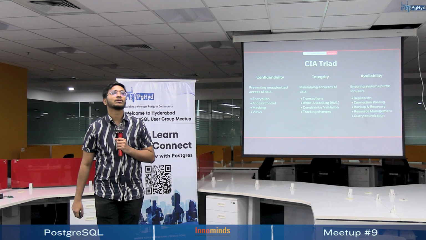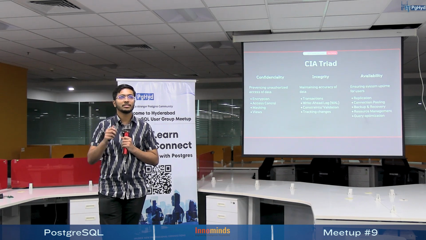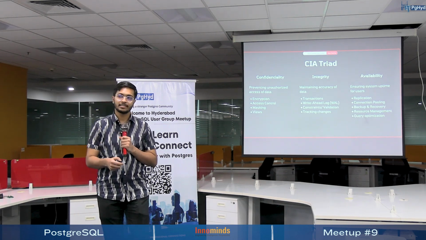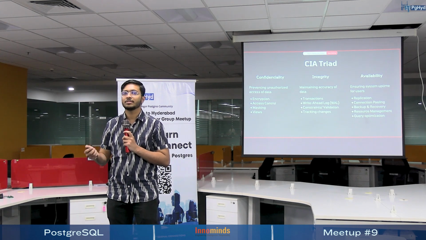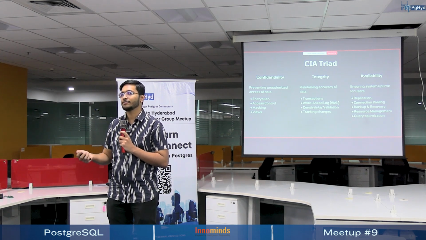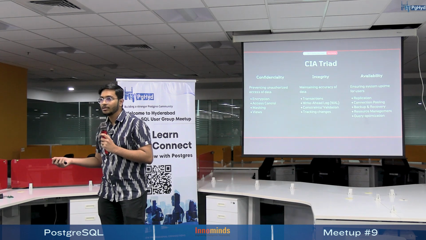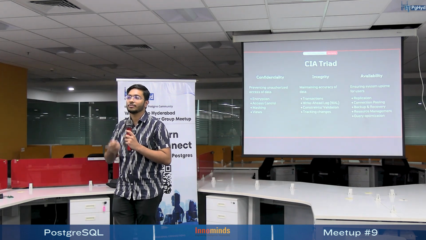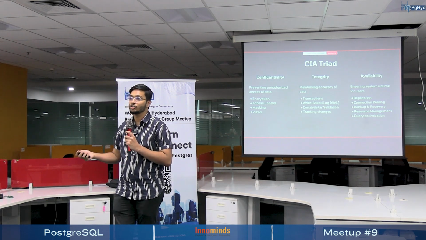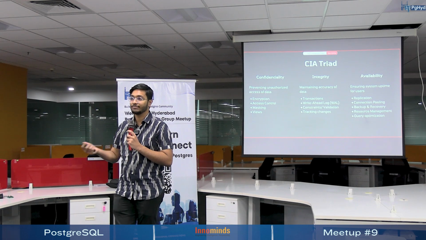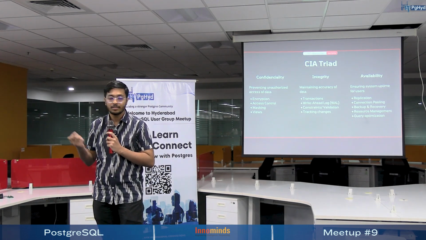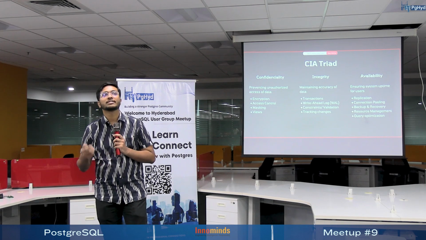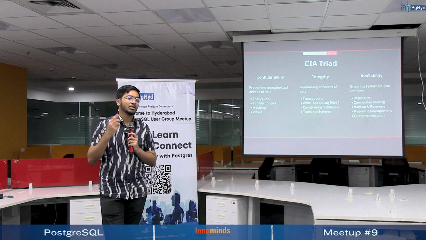The next part, availability. Availability means the people who are supposed to access data should get that data. You can also think about it in terms of software reliability, where your clients should have access to the application as and when needed. This is pretty much the same thing as I see it. You have to ensure that your system has a good uptime. How do you do that?